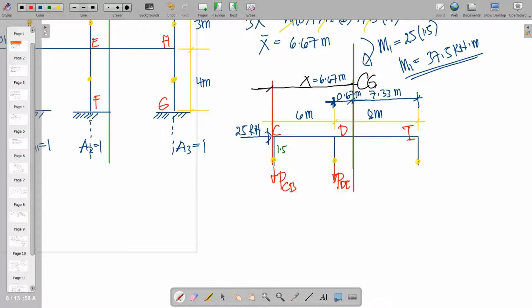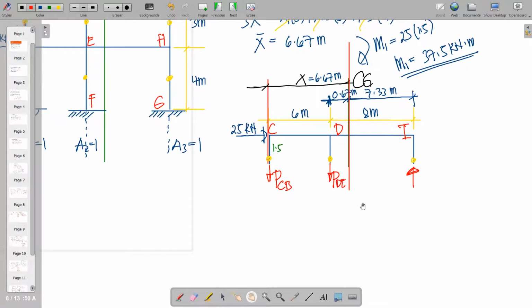And what would be the direction of this? It is on the right of this center of gravity. If we tend to rotate that one, your counter direction would be going up. This is PIH.